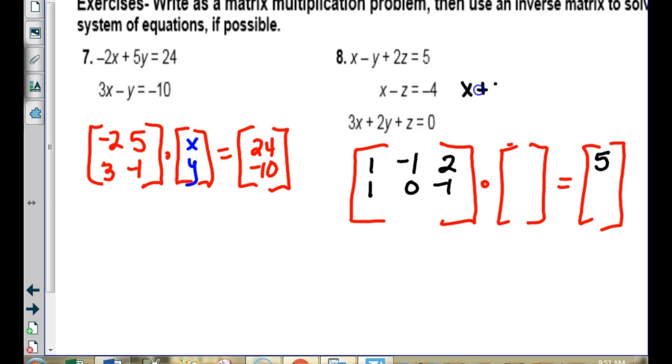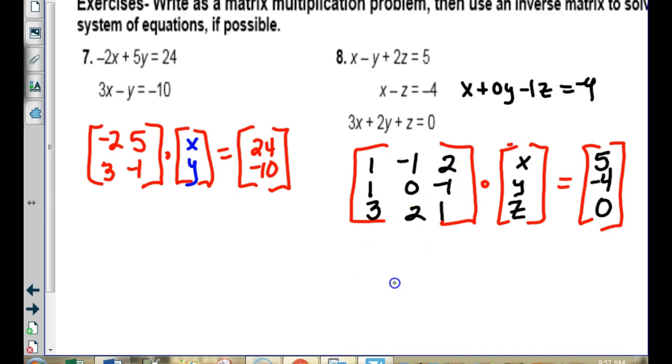Because this was X plus 0, Y minus 1, Z equals -4. And that was -4, okay? And what goes in this one?